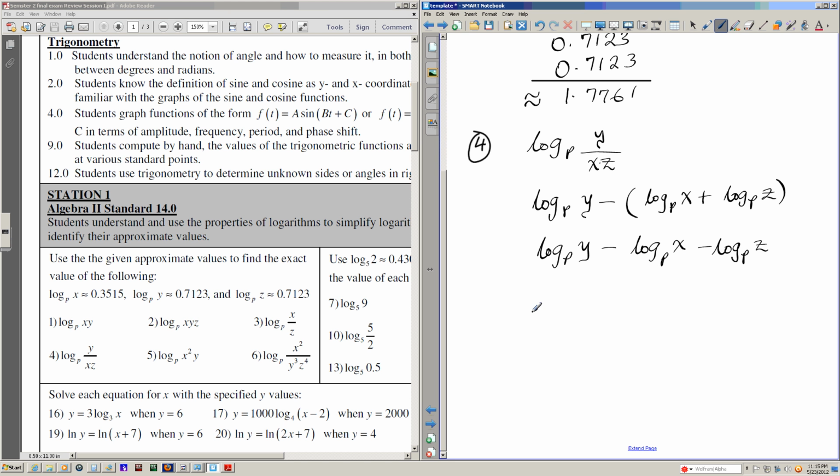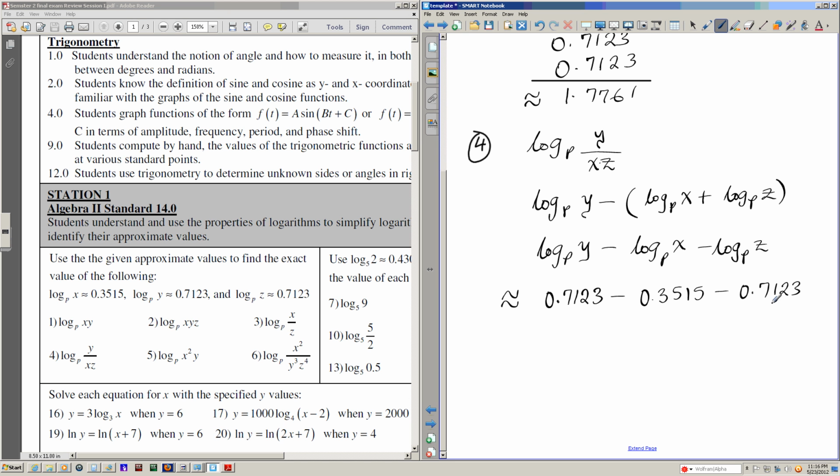All right? So I'll just substitute the logarithmic values and find out what it is. Log base p of y is 0.7123, minus log base p of x is 0.3515, minus log base p of z is 0.7123.